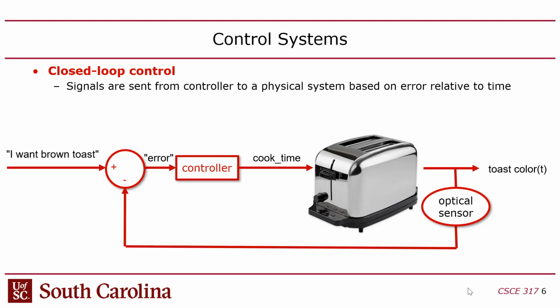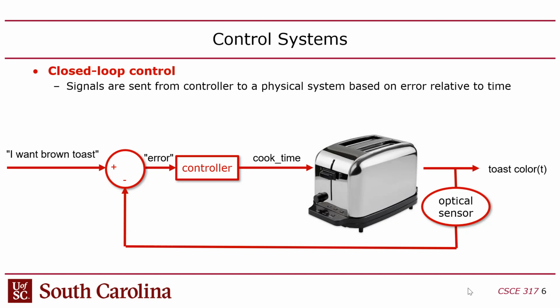So for example in a toaster, let's say, I've never seen a toaster that has this, it'd be cool if it did, but let's say you had a toaster that had an optical sensor inside of it, and the optical sensor could tell what the color of the toast was. When you tell it that you want brown toast, it would allow the controller to continually adjust the cook time or the cook temperature to get the toast to the color you want, and the controller would know the current color of the toast and would be able to adjust accordingly.